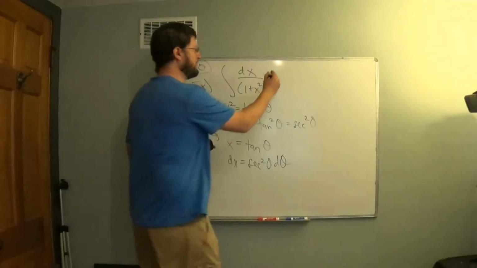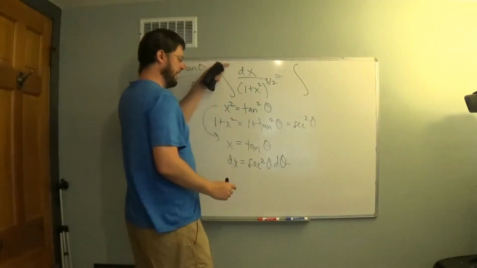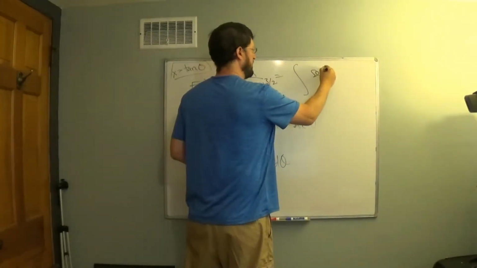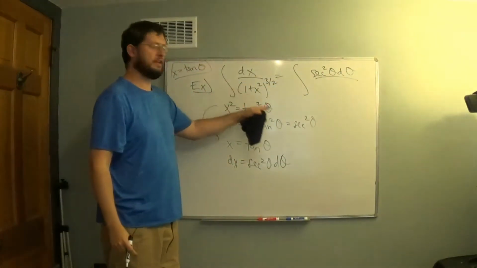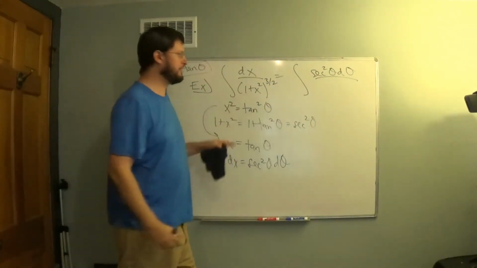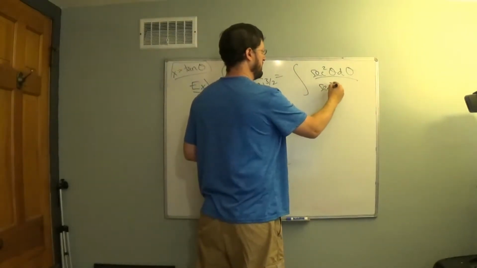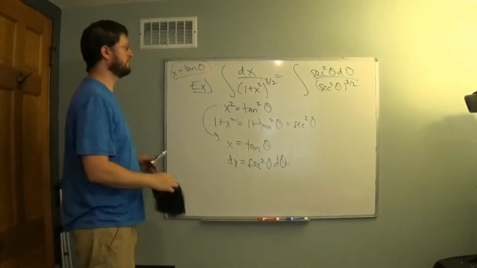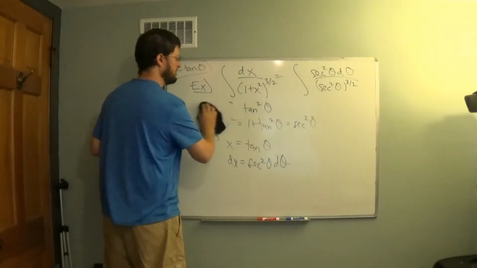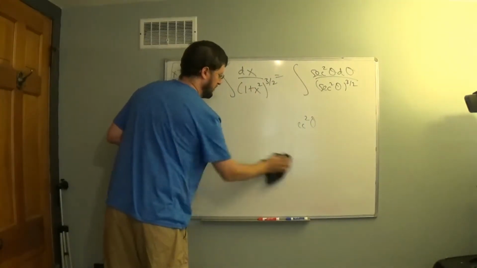The derivative of tangent is secant squared theta, d theta. So we can make our substitutions in. Dx is secant squared d theta. 1 plus x squared is secant squared, so that's secant squared to the 3 halves. Then we simplify.